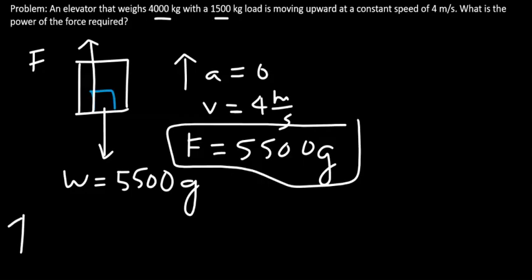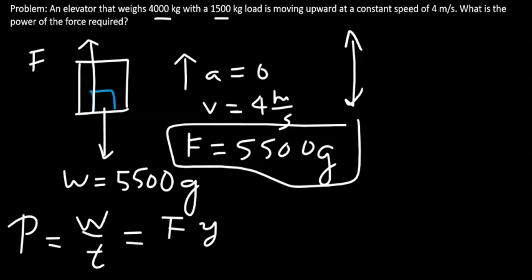What we are interested in is power. Note that power is given by work over time, and work is quite simply the force times a certain amount of displacement along the vertical direction, which we call the y-axis, over time. And we know what y over t is.